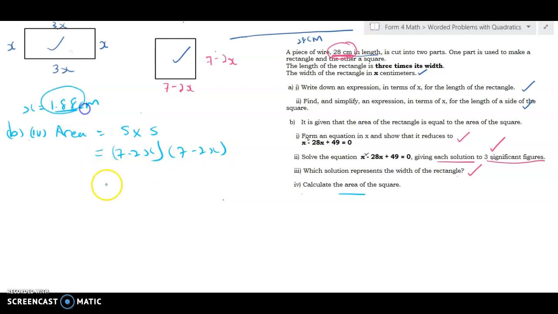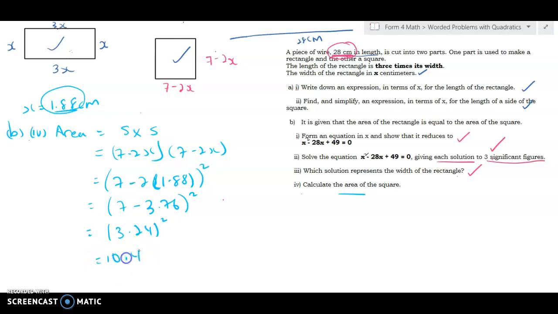When x is 1.88, I'll substitute here. 7 minus 2 by 1.88 all squared works out to be 7 minus 3.76 all squared. 7 minus 3.76 is 3.24, and 3.24 all squared is actually 10.4976. Now they didn't say to round, so I'll just leave the whole answer as that.